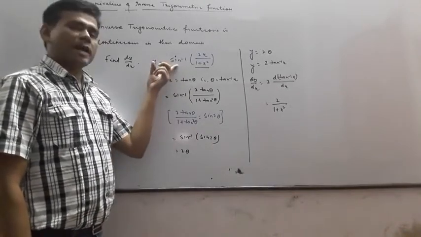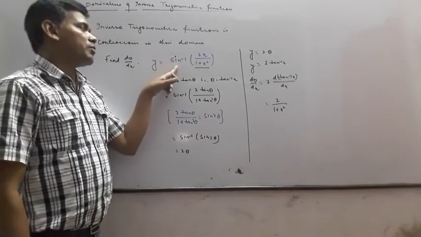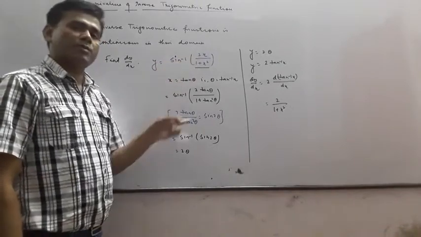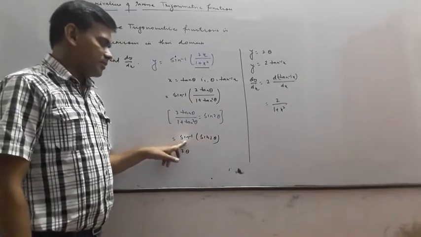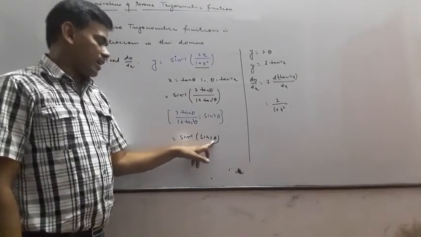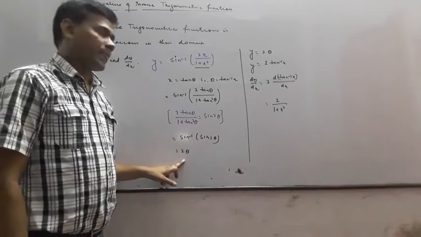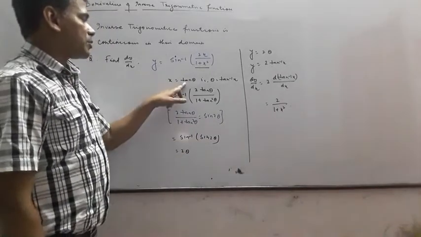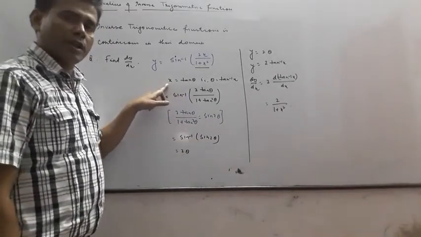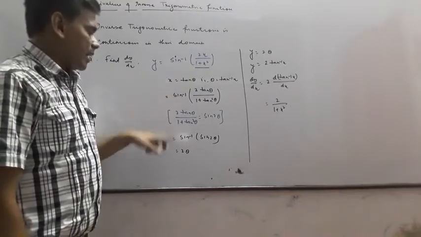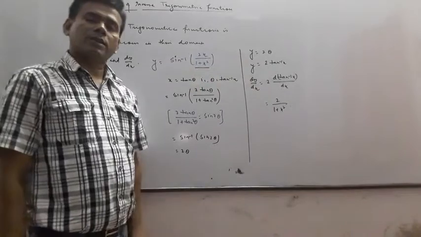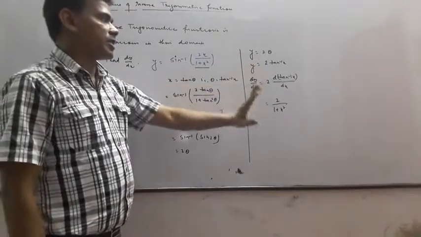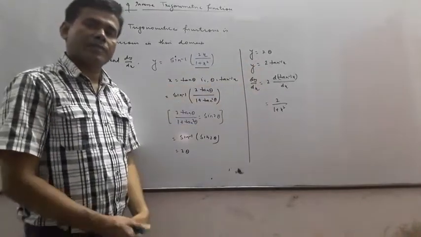If it is sine inverse, then you check what you will let for x, which will give again the sine. Because if it is sine inverse and here sine, then you only have to write its angle, 2 theta. And this theta again you will have to replace with what you had supposed to substitute instead of x, and then after getting y equal to 2 tan inverse x, you differentiate to get the answer.